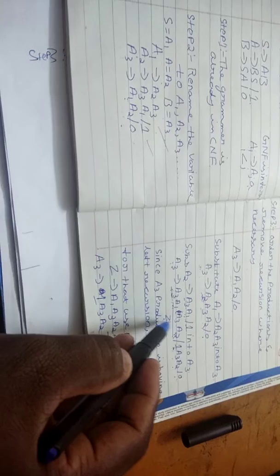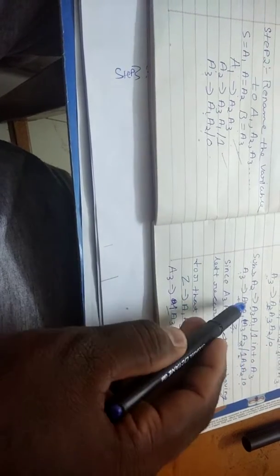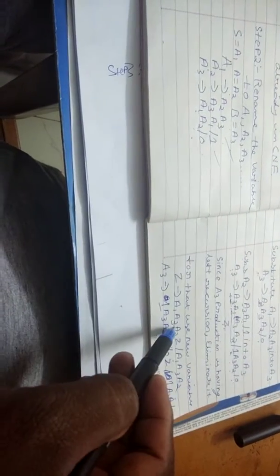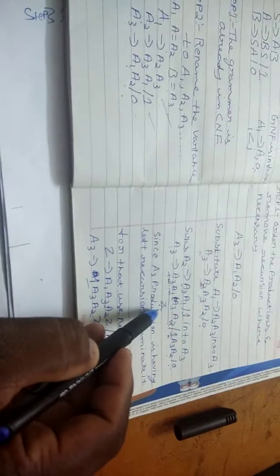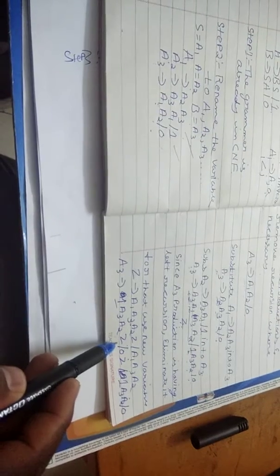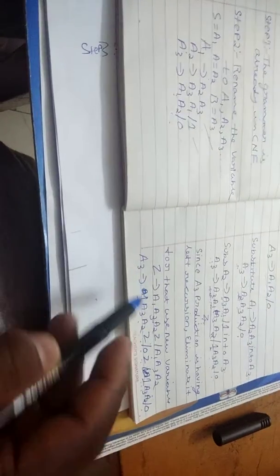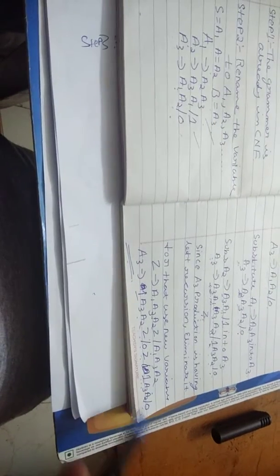Z tends to A1 A3 A2 Z, and also A1 A3 A2 without Z. Then A3 tends to 1 A3 A2 with Z, and 1 A3 A2 without Z, and 0 with Z, and 0 without Z. Now A3 has come to GNF form.